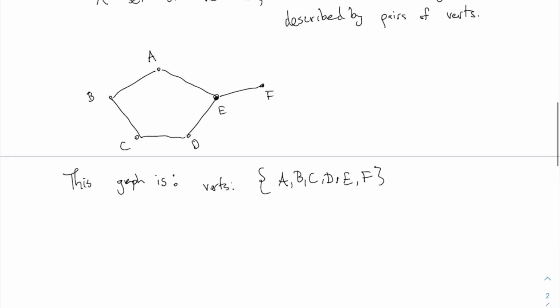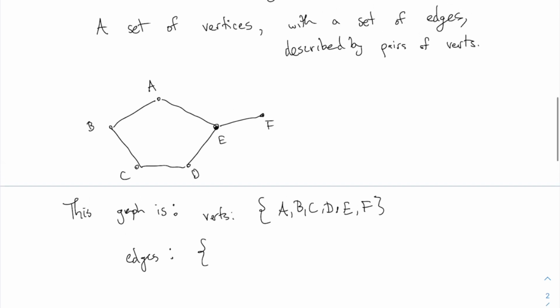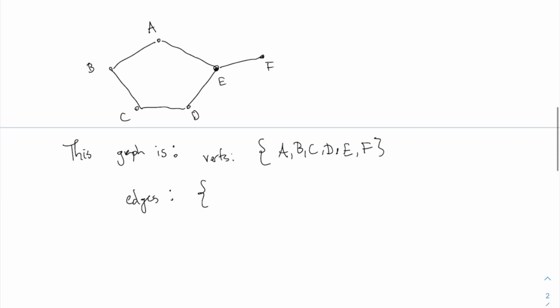And the set of edges is this. Remember, I said it is a set of edges which is described by pairs of vertices. And so the way I'm going to write this is just as pairs of vertices. So AB, that means there is an edge from A to B. And then I also have BC.